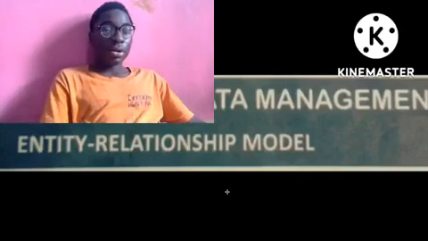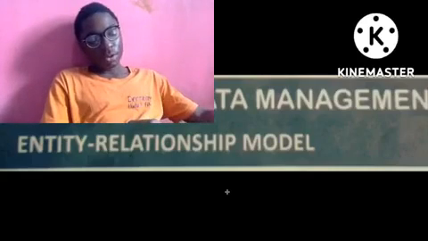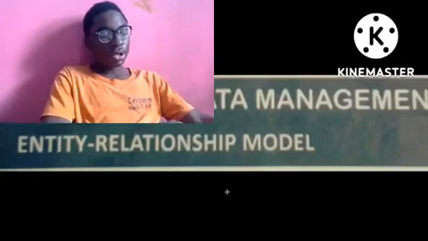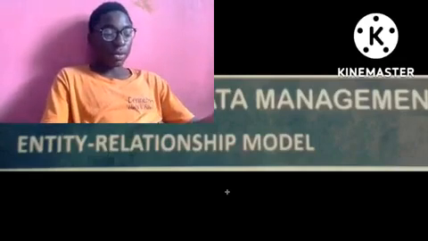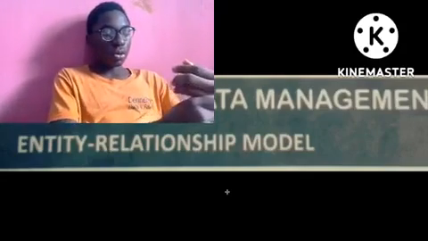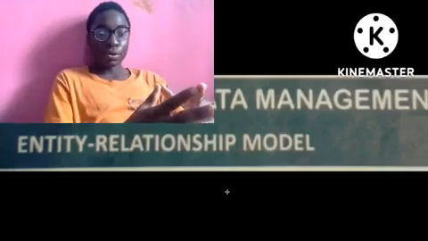Now, those relationships are represented in different ways. They are representations for those relationships. Now, entity relationship diagrams illustrate the logical structure of a database. For example, the ER model would say that there are two entities, and those entities could be tables.